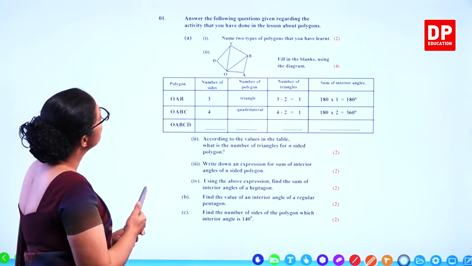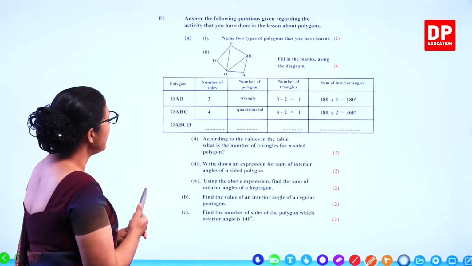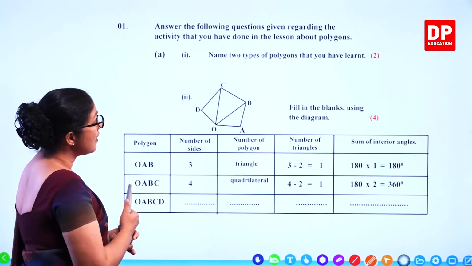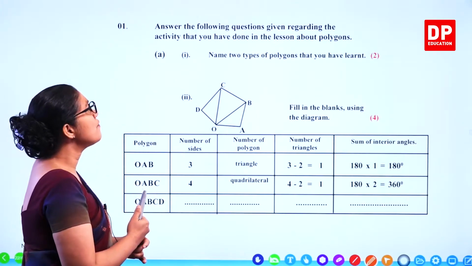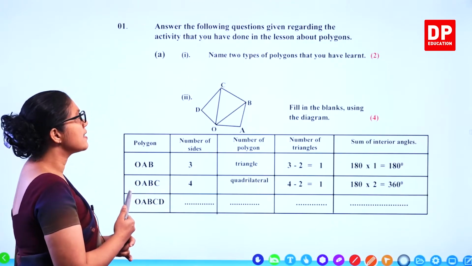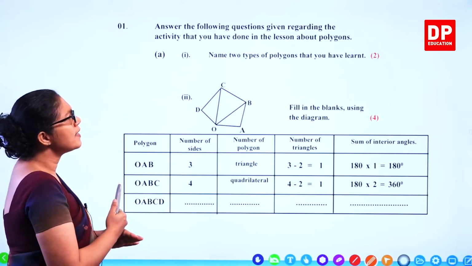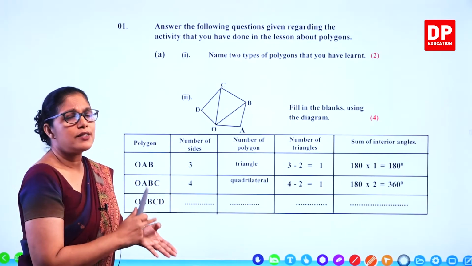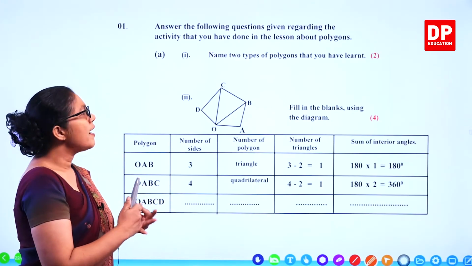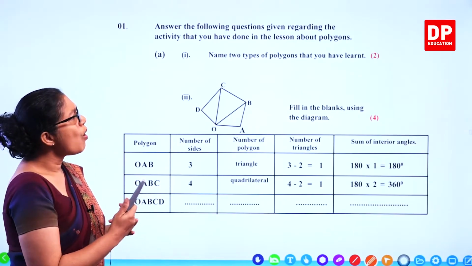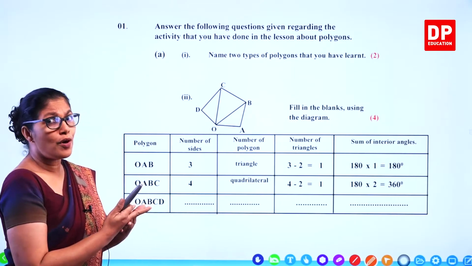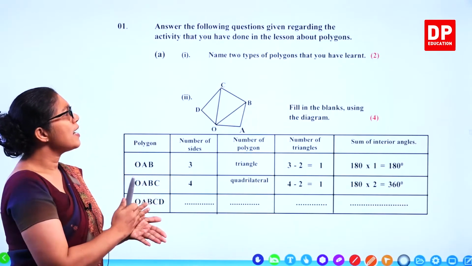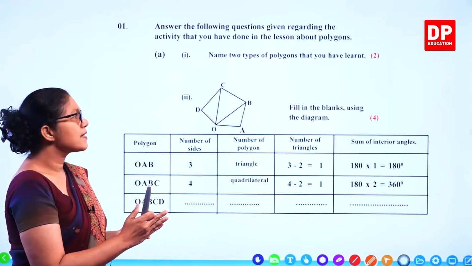So the first one is about polygons and angles. Answer the following questions regarding the activity that you have done in the lesson about polygons. Name 2 types of polygons that you have learnt. Triangles, quadrilaterals, pentagons, hexagons, up to 12 you know how to name them. But how can you divide polygons into 2 parts?